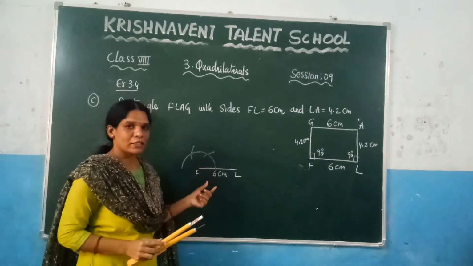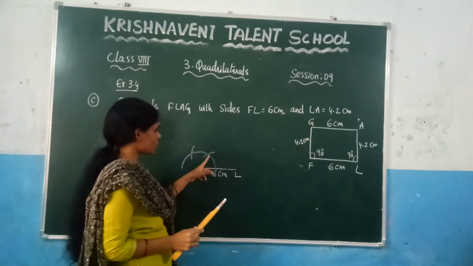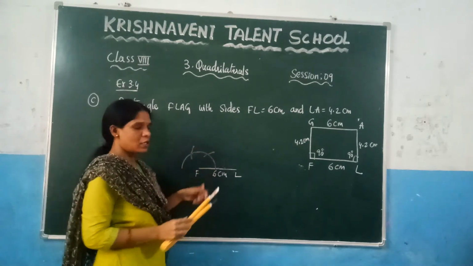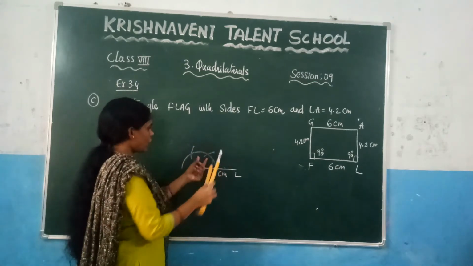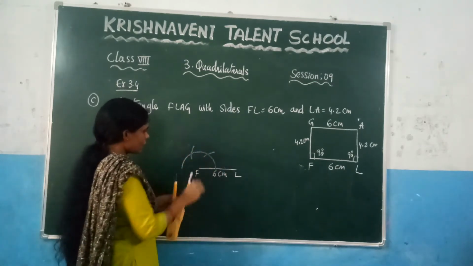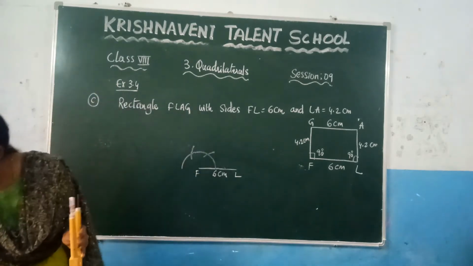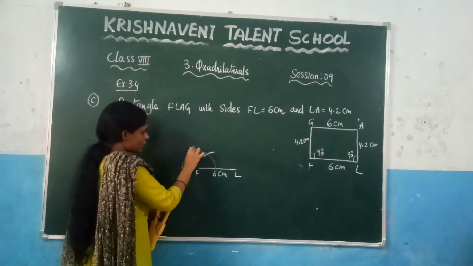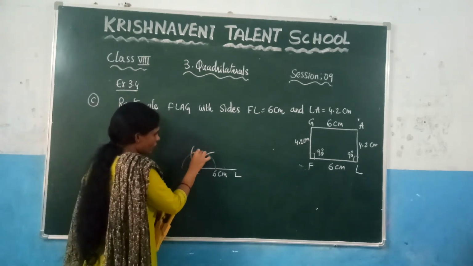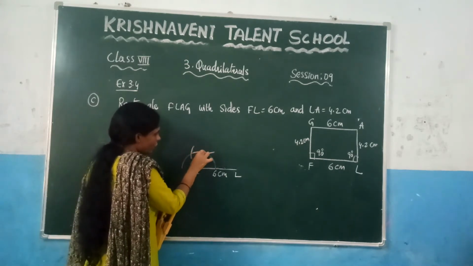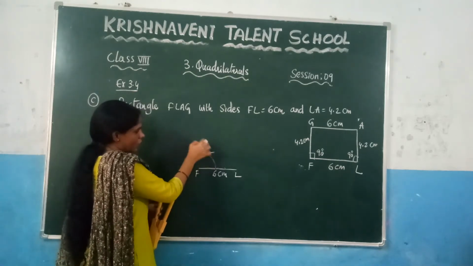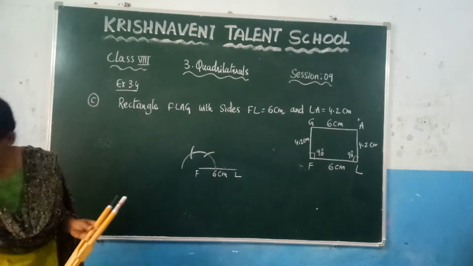So you need to take the perpendicular bisector of 60 and 120. Perpendicular bisector is nothing but you need to draw the middle. So here this is 60 and this is 120, right? And between you have this arc. And you need to take more than half radius and make one arc here and one arc here.